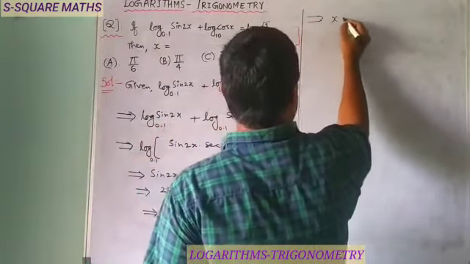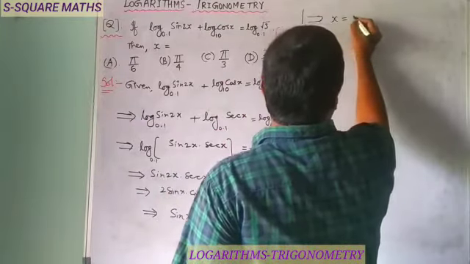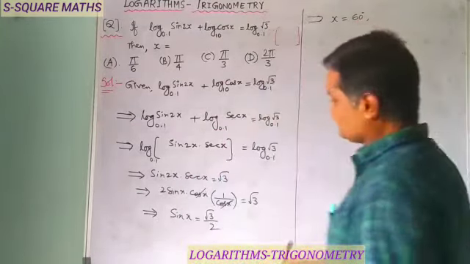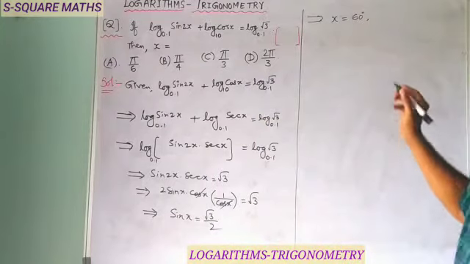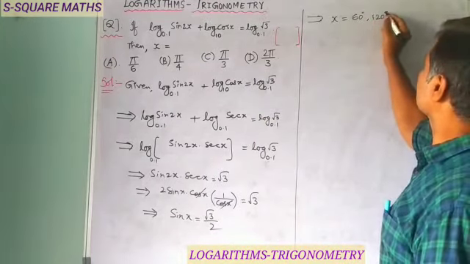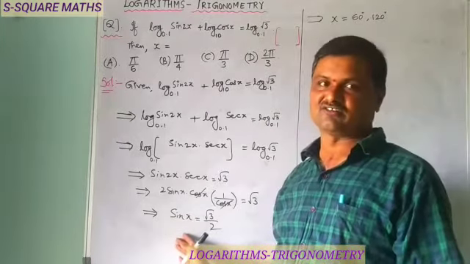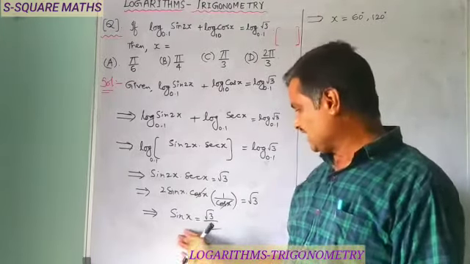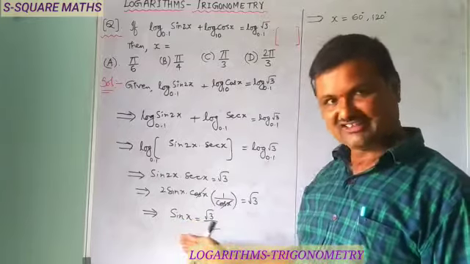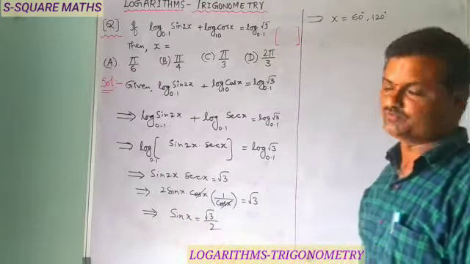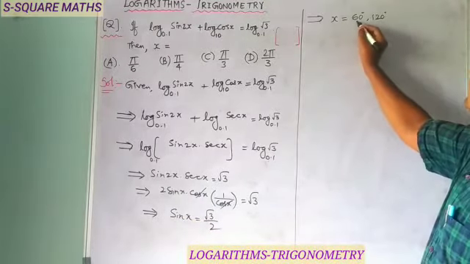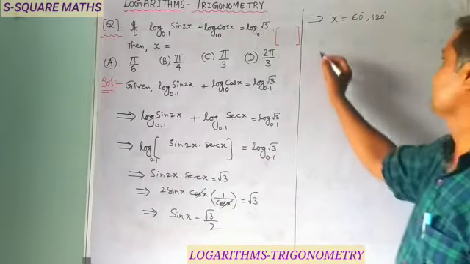So sin x is equal to root 3 by 2 implies x is equal to 60 degrees. Also it is valid for 120 degrees because sin of 120, 90 plus 30, lies in the second quadrant. So again I am going to get plus cos 30, nothing but root 3 by 2. So this implies x is equal to 60 degrees and 120 degrees.